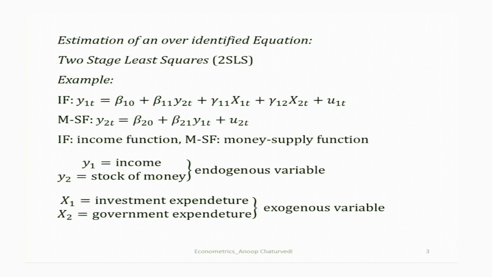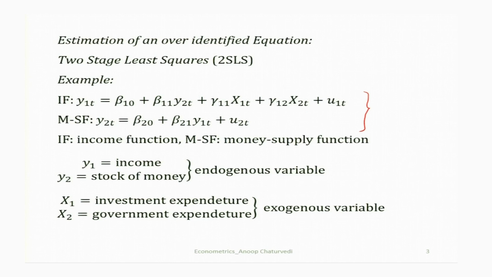First, we explain the procedure with the help of an example. We have this system of equations. The system has an income function, which is y1t equal to beta10 plus beta11 y2t plus gamma11 x1t plus gamma12 x2t plus u1t.